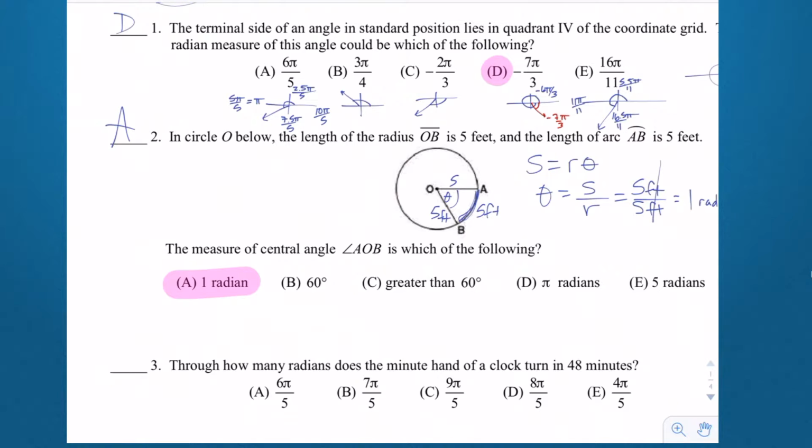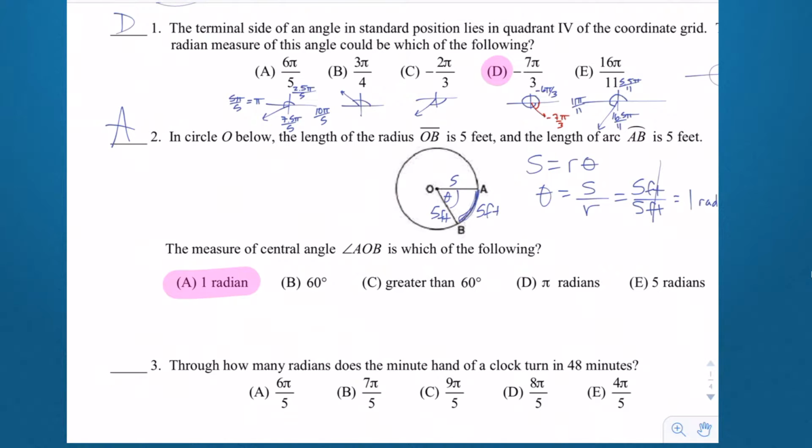So it's not 60 because it's kind of an equilateral triangle angle. Yeah, it's not 60 degrees because it's 1 radian, and 1 radian is about 57 degrees. Okay, so that's why it's not 60. You're not really sure just by looking at it if it's 60 or not, but once you know that the answer is 1 radian, which is about 57 degrees, you know the answer is not 60.